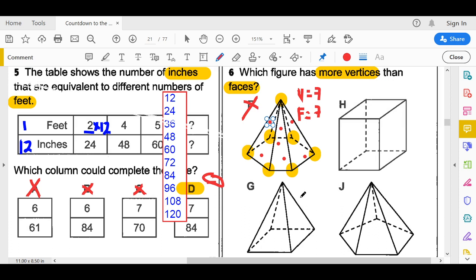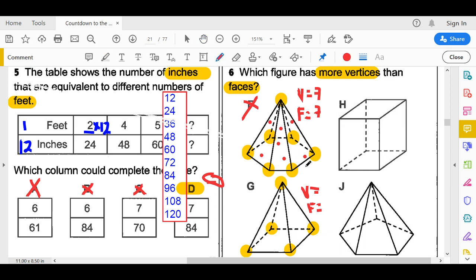Letter G, let's check how many vertices first. And then we're going to check how many faces, okay? So V equals and F equals. Make sure you do this the same on your paper to show your strategies. Vertices, I have 1, 2, 3, 4, and 5.